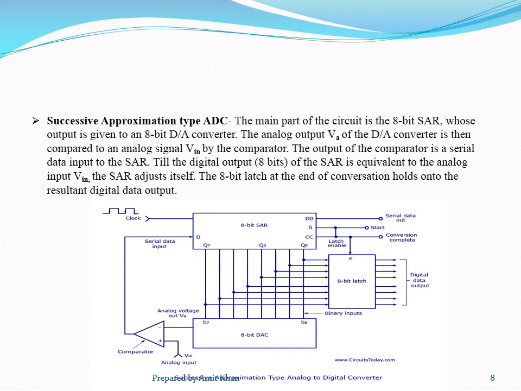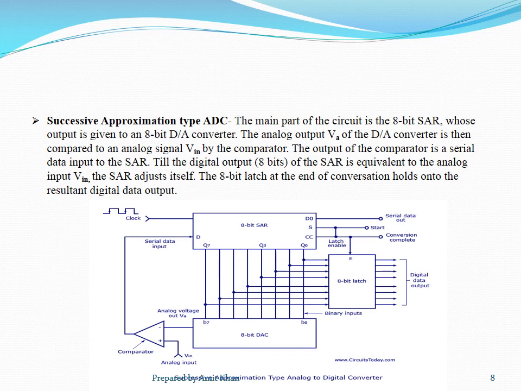The analog output VA of the D2A converter is then compared to an analog signal V in. So we can see the analog voltage output of VA and the analog input V in both are fed to a comparator. The output of the comparator is a serial data input to the SAR. You can see in the diagram the output of the comparator is a serial data input to the 8-bit SAR.